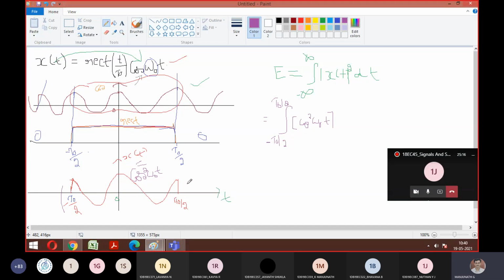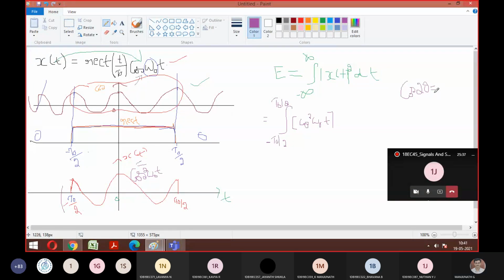What was the cos 2 theta formula we wrote, guys? In the last class we did it, right? The cos square theta formula is 1 plus cos 2 theta divided by 2. Or if you remember the cos square theta formula, both are the same, because you should replace cos square here.